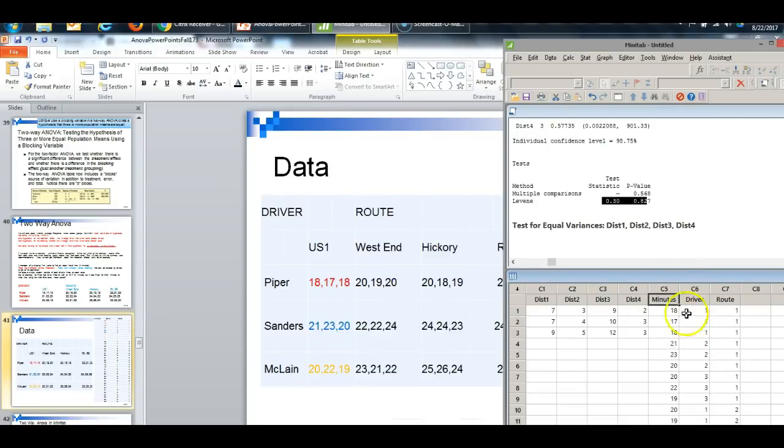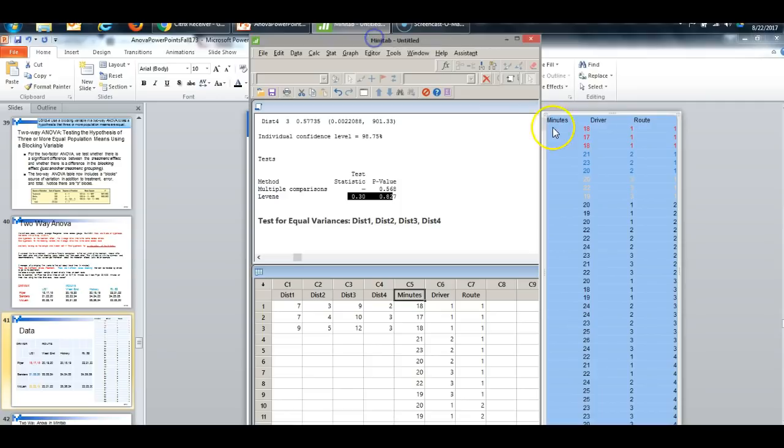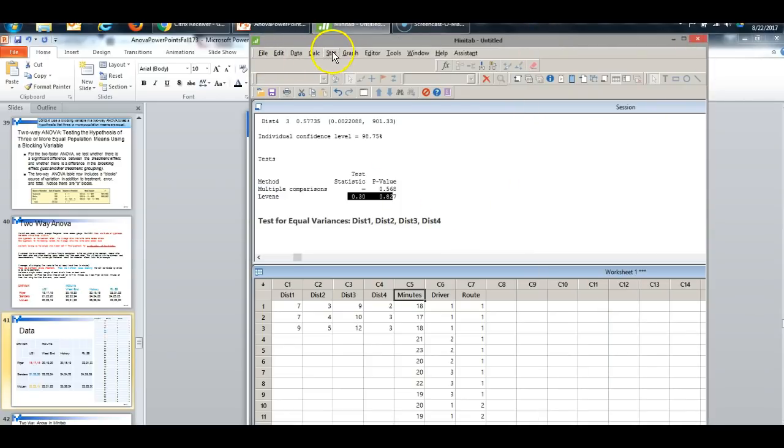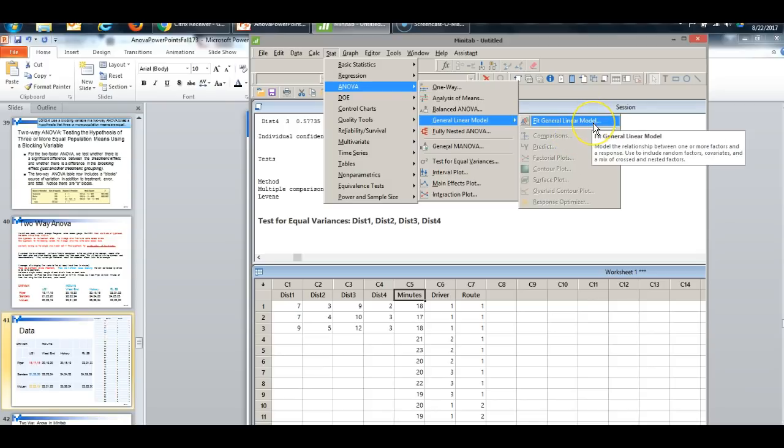All right, so we've got our data in here, and then we're going to go to Stat, and it gets kind of complicated. So I'm going to bring this out here, make it a little bigger. We're going to go to Stat, ANOVA, and then general linear model, fit general linear model. And this is our best guess for the TwoWayAnova.